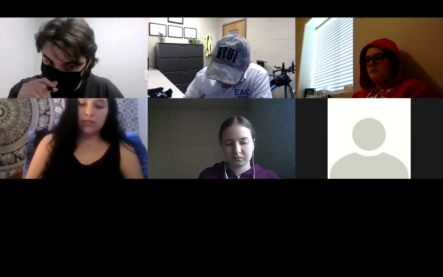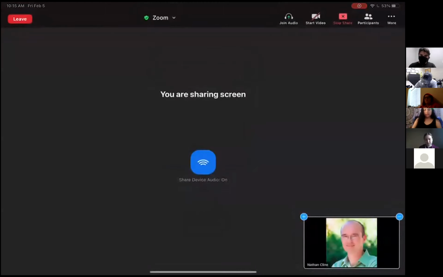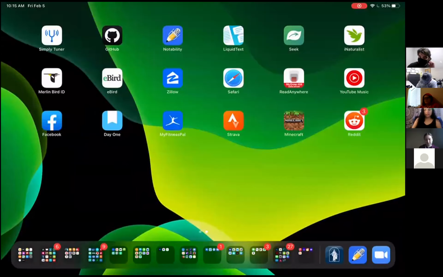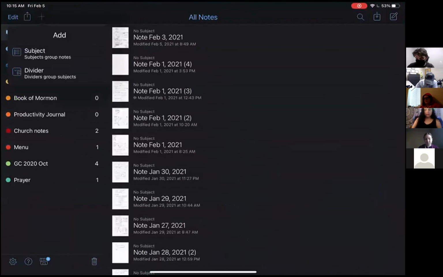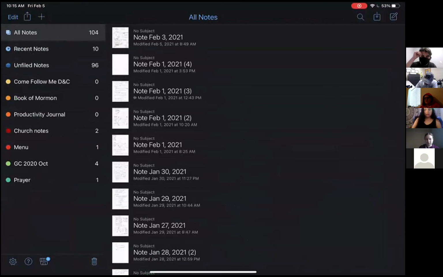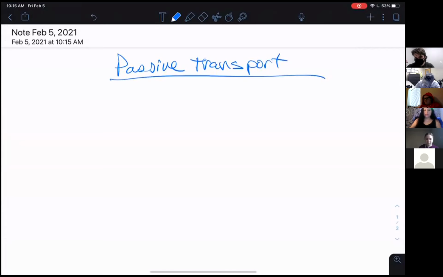So let's bring up our notes. There we go. Okay. So passive transport. And there were 3 types of passive transport. Can someone remind me what those were?